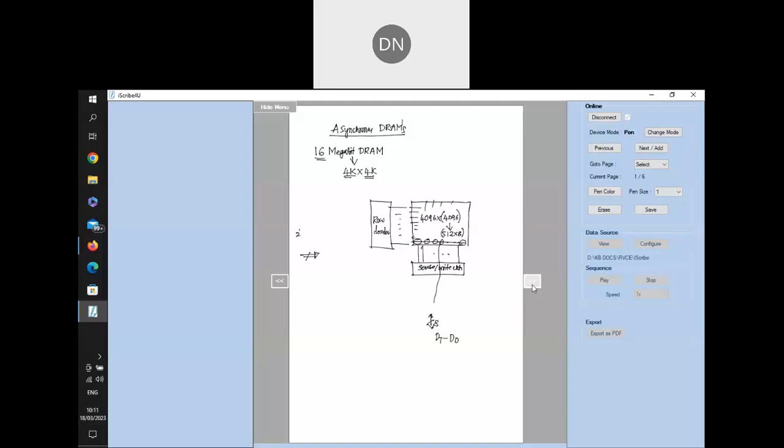If I take 2 to the power of 10, it is 1K. 2 to the power of 11 is 2K. 2 to the power of 12 is 4K. So 12 address lines are required to generate a row address, and I have to supply these 12 address lines here.